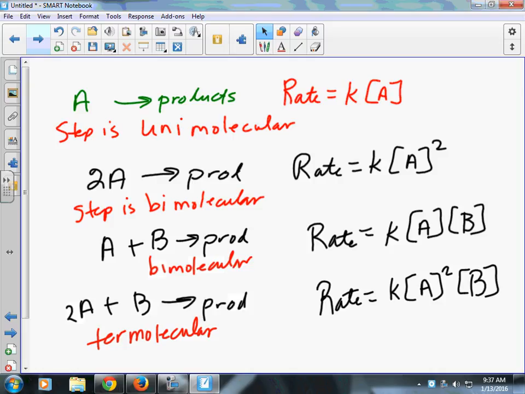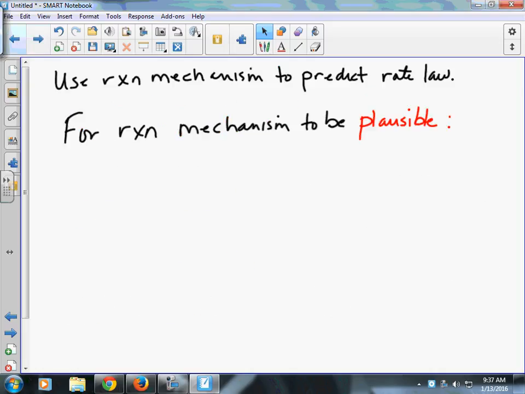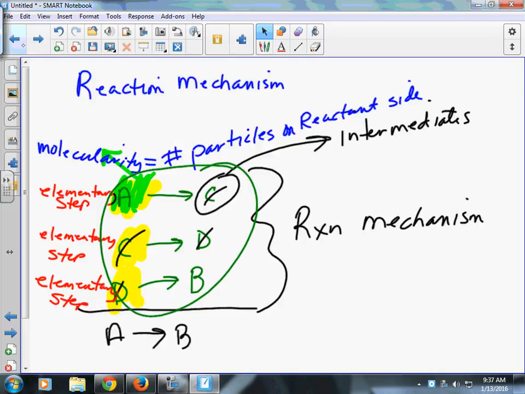Remember all those steps in a mechanism? Remember all the steps, right? They can have different speeds. Each step has its own rate, right? Which one is the rate determining step? The slowest.